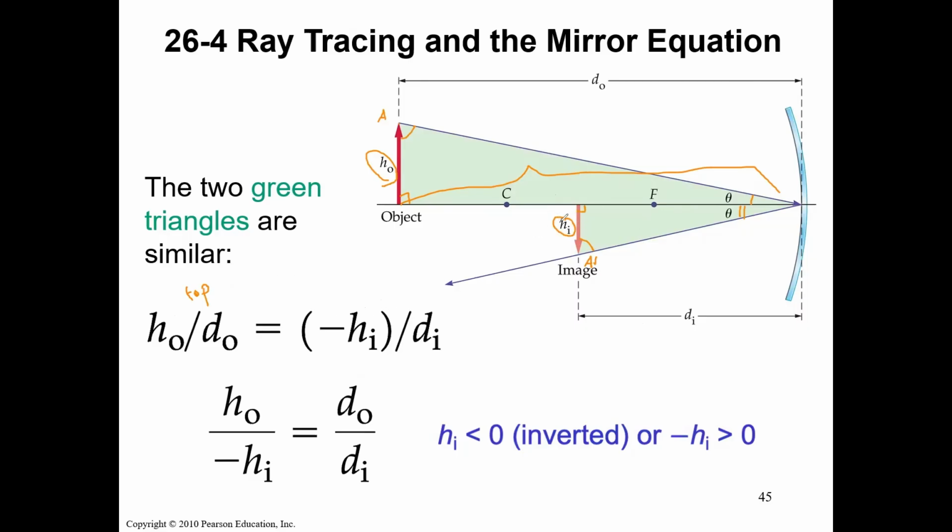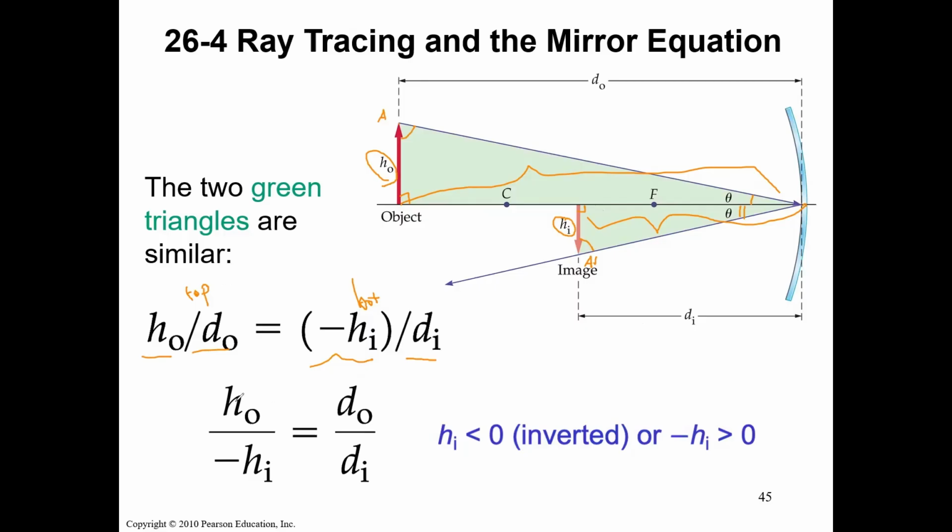We know that h sub i is smaller than 0 because it's an inverted image, so we use minus h sub i here. This is the bottom triangle, and it's minus h sub i divided by this side, which is just the image distance, the distance between the image and the mirror. So h sub o divided by d sub o is minus h sub i divided by d sub i.